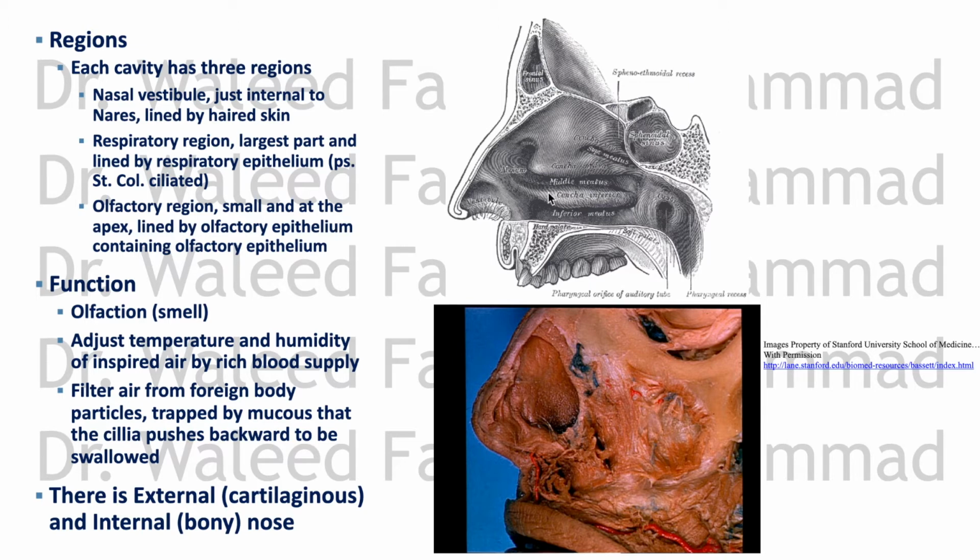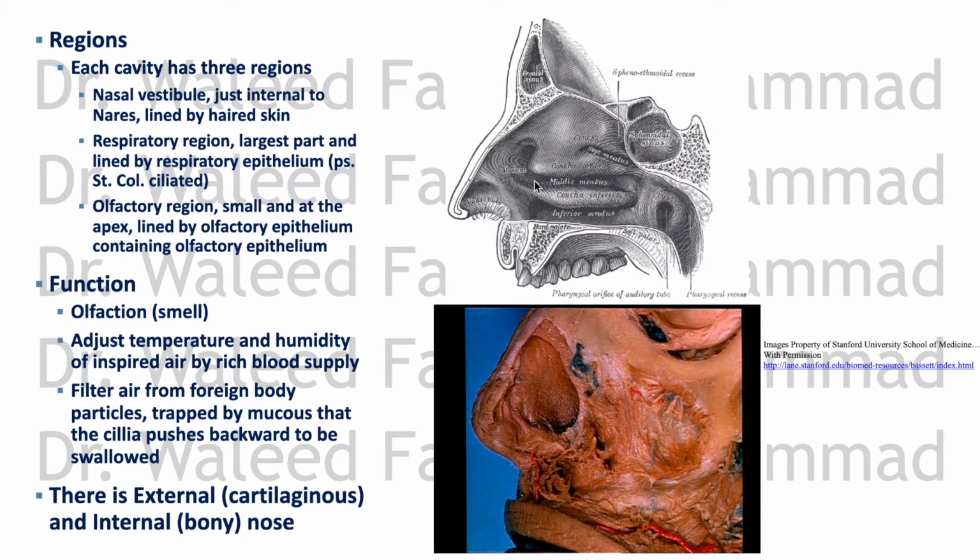This rich blood supply carries the temperature of the blood with it. This means that the air entering the body will have its temperature adjusted to the temperature of the body, as well as the humidity. It humidifies and adjusts the temperature of the inhaled air for the lungs.